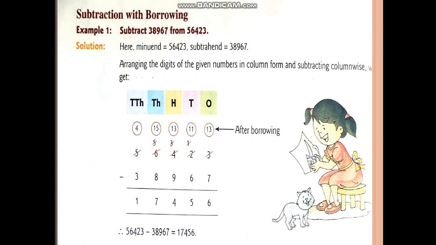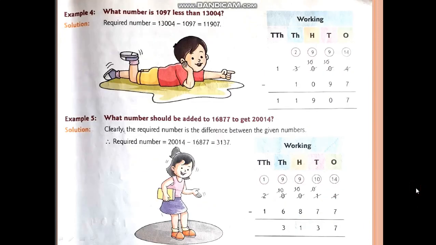The 5 becomes 4, and the 5 on the thousands place becomes 15. So 15 minus 8 is equal to 7, and 4 minus 3 is 1. So our answer is 17,456.